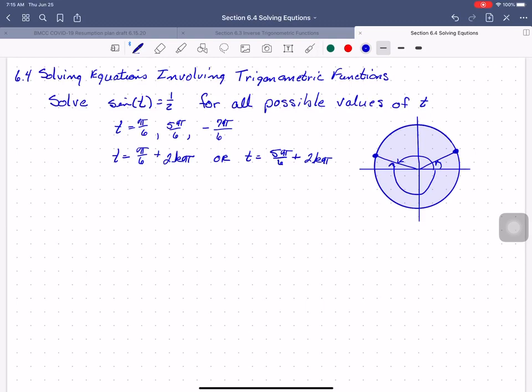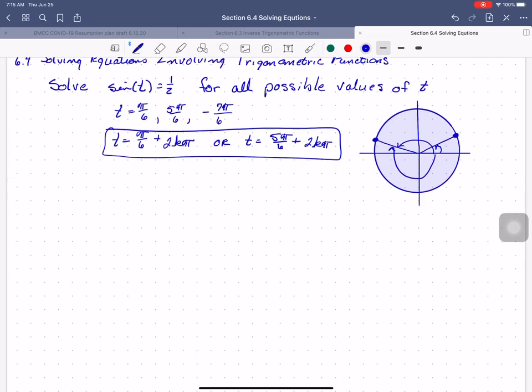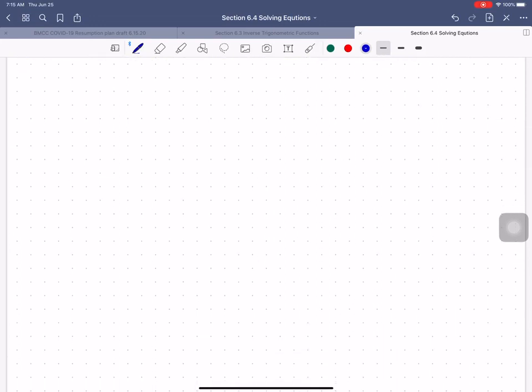So this is how we write the solution to a trigonometric equation if we want all possible values. Okay, that is one class of problems we're going to solve in this section. Let's look at another example here.